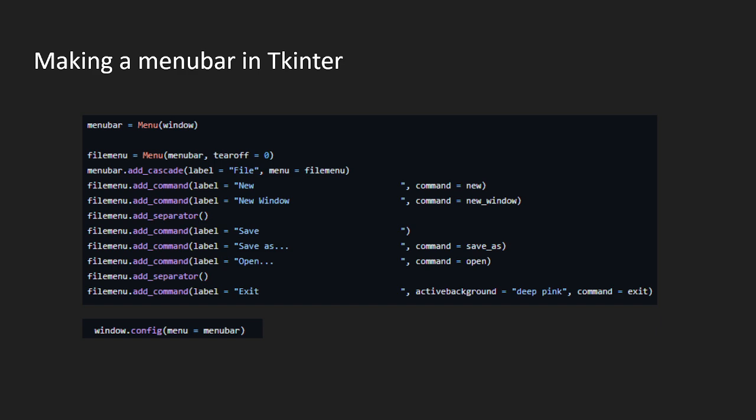And you can make these commands actually do something by putting a comma, command equals, and then some function. So you'd have to write the function by yourself and then pass it in. If you do that, and pass it into the add command function in file menu, it'll do that.